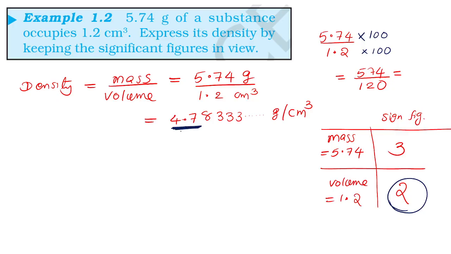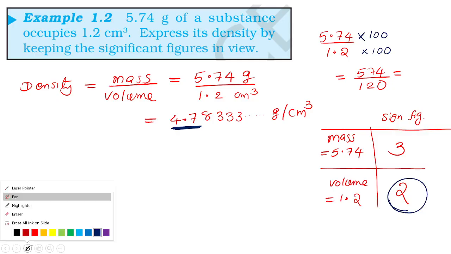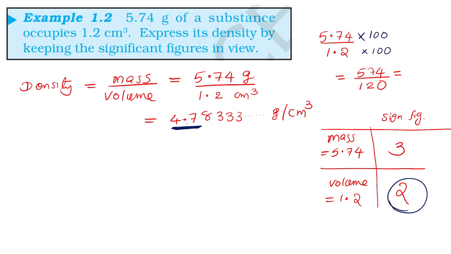Only this much. But the approximation should be done. When you round it off, keep in your mind that the approximation should be done. So 4.7, two significant figures, but you studied in the lower classes that the digit after this is more than 5. So should we do the approximation?